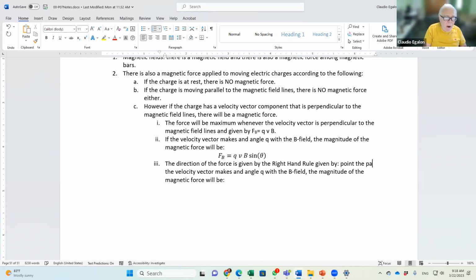Point the palm of your right hand along the direction of the velocity vector.